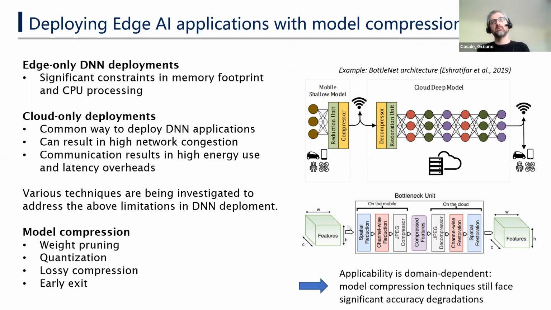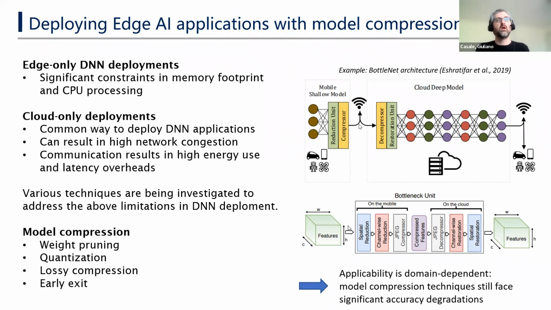So the way this problem has been tackled in many applications is based on essentially deploying most of the neural network in the cloud backend, and only a very shallow, so lightweight model in the edge devices or say mobile phones. And what you do is that you try to use various techniques to make the whole chain as lightweight as possible.